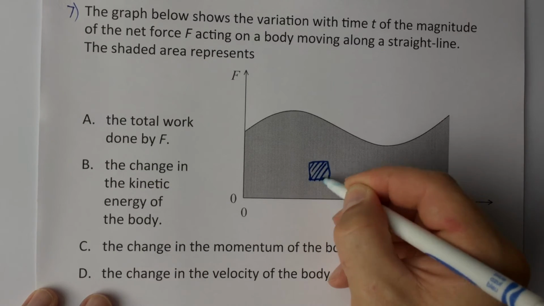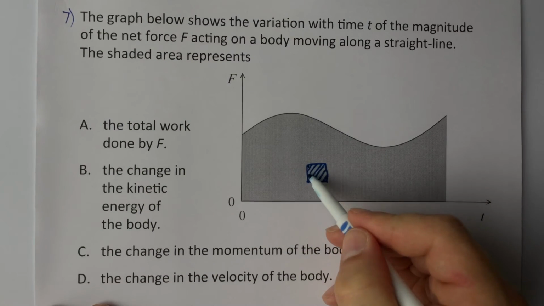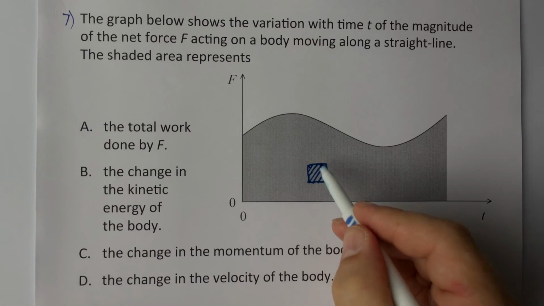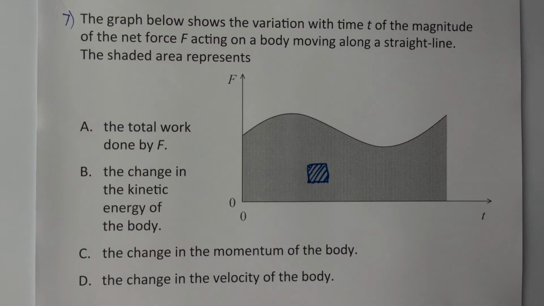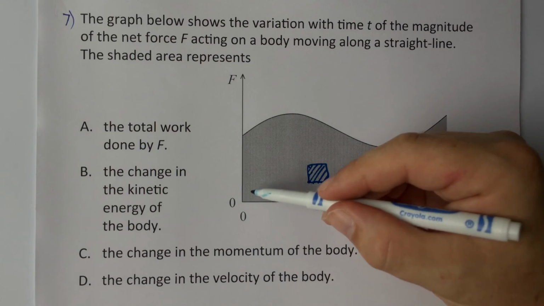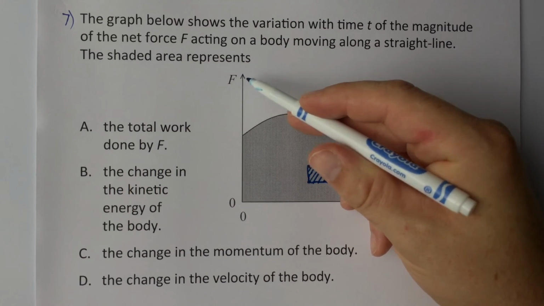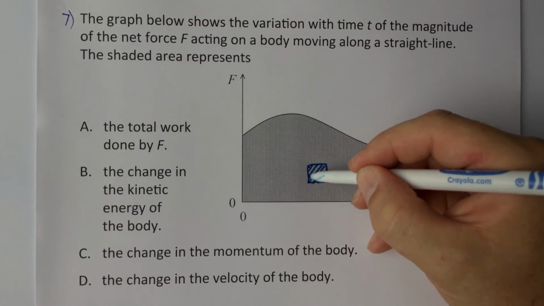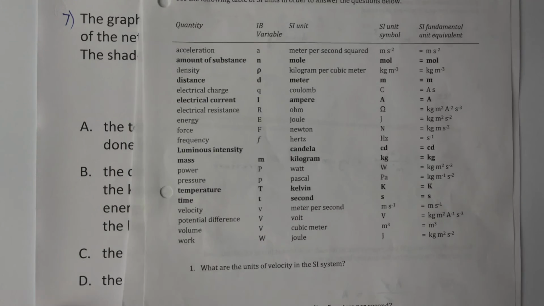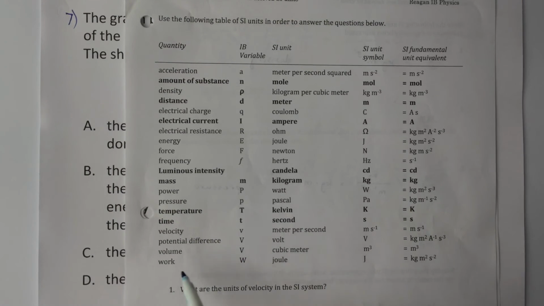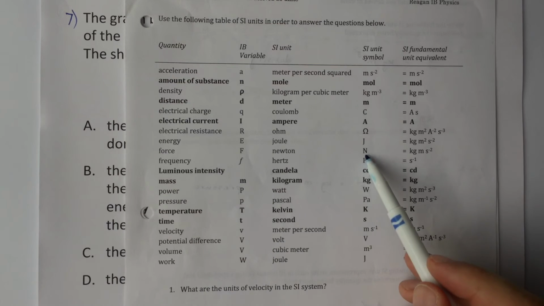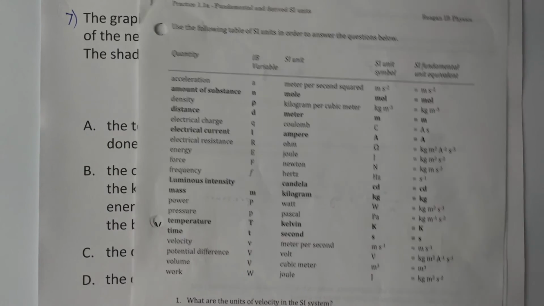In other words, let's figure out what the units of one grid box, or one small piece of area under this curve, would be. Well, if the y-axis measures force, then the units of this side are going to be the units of force. Units of force is a Newton. That's a kilogram meter per second squared.